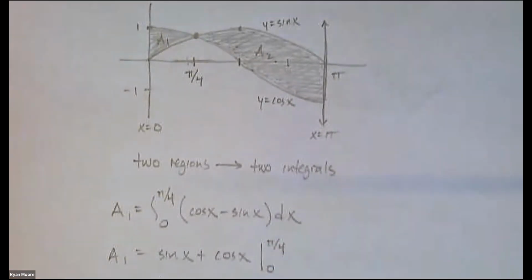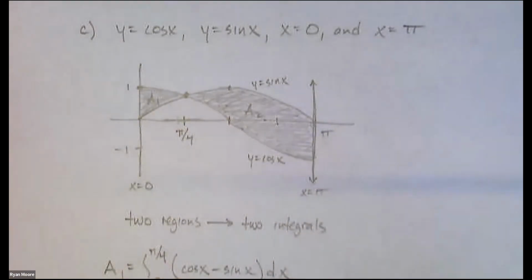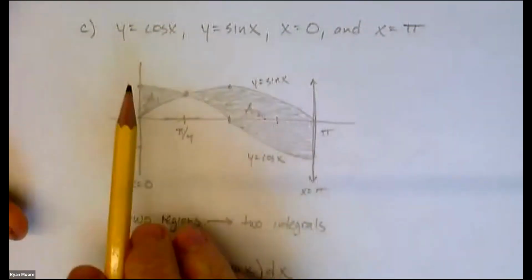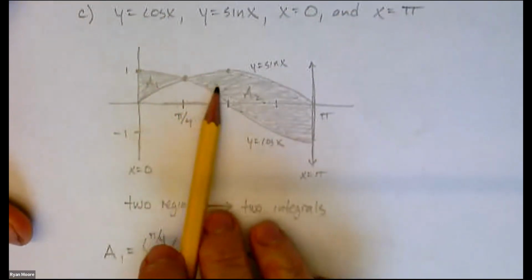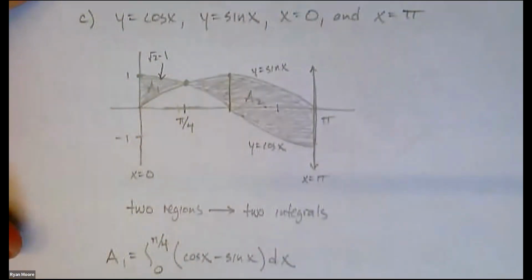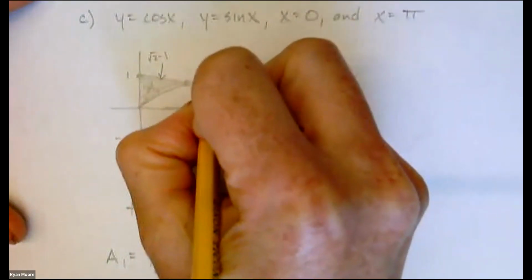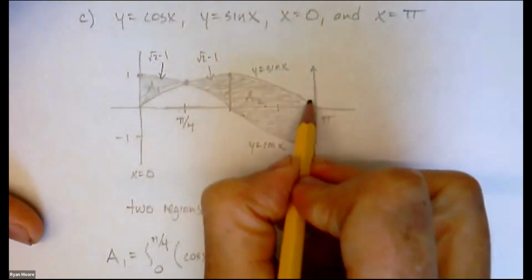Here's kind of an observation. Just to wrap up this question, something kind of interesting happens. Notice there's some symmetry, right? This little region here is exactly this part. Right? We found this region to be root 2 minus 1. So this would also have to be root 2 minus 1. What would that mean for the rest of that area?